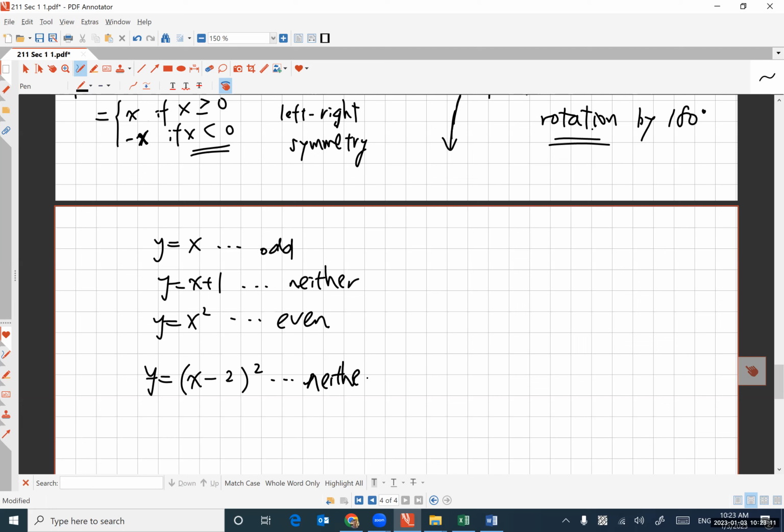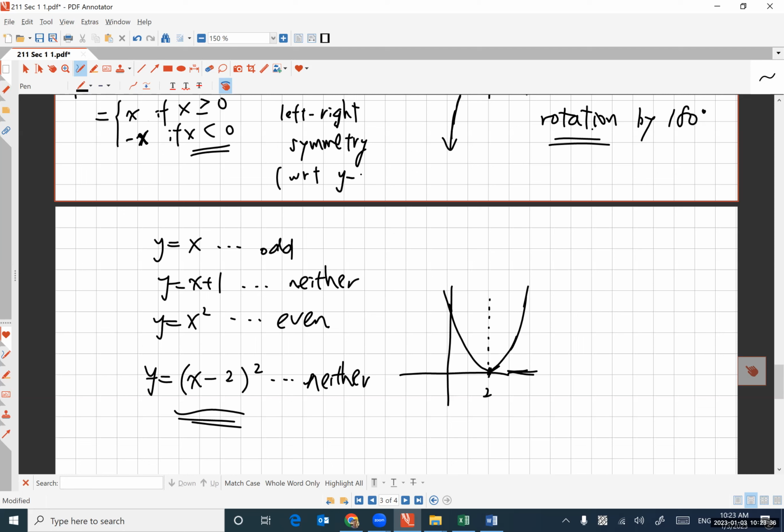Now, this function itself is going to be like this. It's a parabola centered at 2, 0. This function is okay, but it is not symmetric with respect to the y-axis. I mean, it is symmetric with respect to this line. WRT means with respect to.